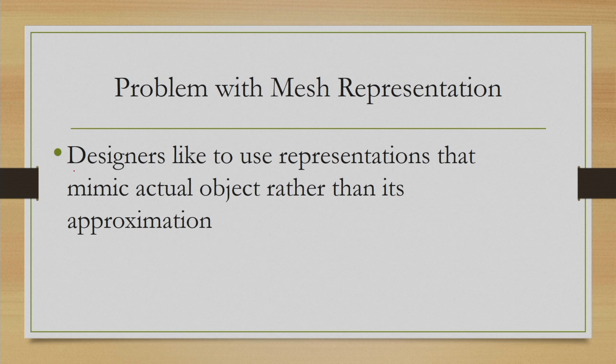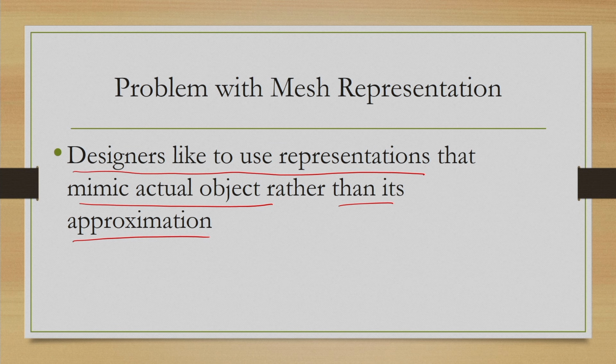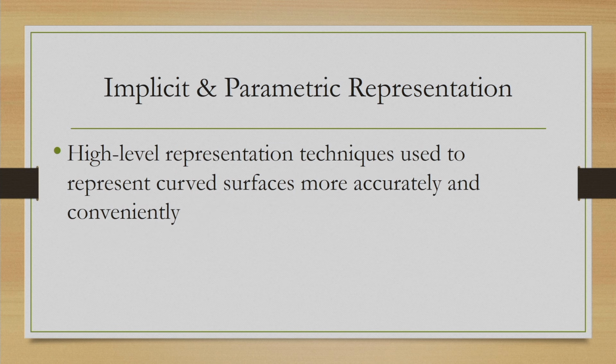So, designers or developers like to use representations that mimic the actual object rather than its approximation. This brings into picture some high level representation techniques for curved surfaces. These techniques are likely to represent curved surfaces more accurately and conveniently for the designer.